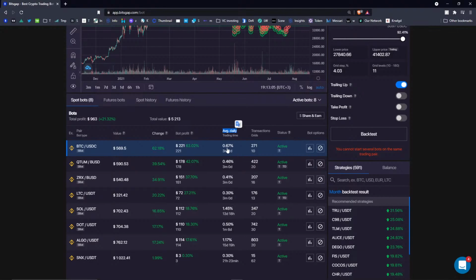And you can also see that in average daily results in the percentage. Okay, the total value change, it also fluctuates because again some strategies, they are exposed to the value change of the base currency, so that's why this value fluctuates. Bots, they make you money in the quote currency, so this also affects the total value.